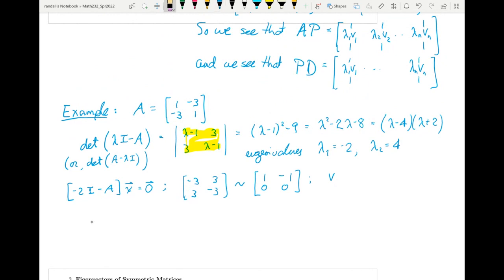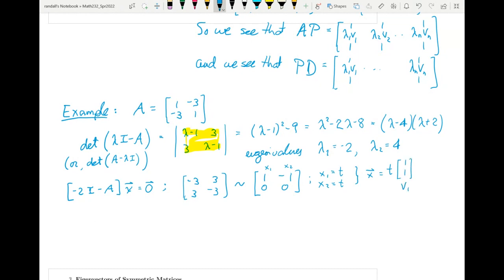So x1 is t. x2 is my free parameter, the free variable, so it's parameterized by t. And then from this, I extract my vector form of the solution, which is just t times this vector 1, 1.